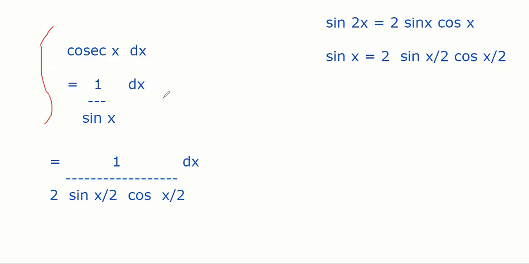So guys, what I'm doing is, I'm dividing this with cos square x by 2. You will just know why I'm doing this. This is also dividing with cos square x by 2. I am dividing both numerator and denominator. So my question becomes what now?